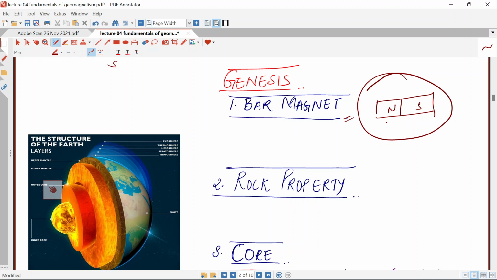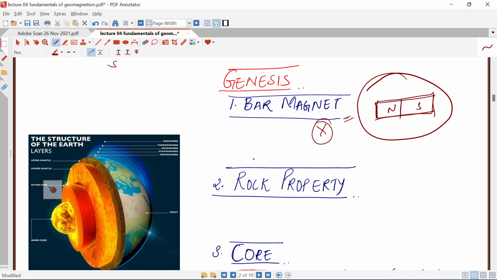This postulation is not correct, because in the interior of the earth or in the mantle area there are very high temperatures. Due to the temperature, melting takes place and the poles would get diminished. So there is a chance of the north and south poles going missing in the interior of the earth due to the molten state. So this postulation made by scientists is not correct.